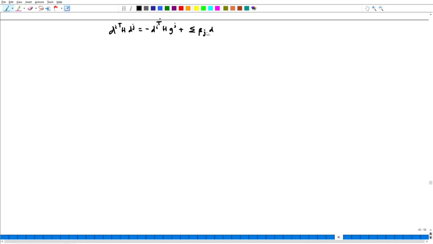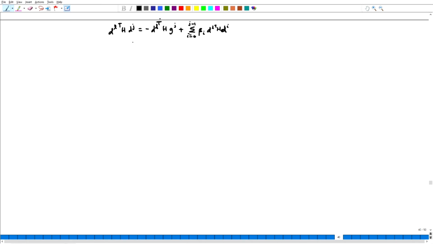Maybe I will use a slightly different notation, dL transpose, so that it does not confuse with the running index. So, here you have dL transpose H dj equals minus dL transpose H gj plus summation beta i dL transpose H di, i equal to 0 to j minus 1. Note that we want the left hand side to be 0 for any L not equal to j.